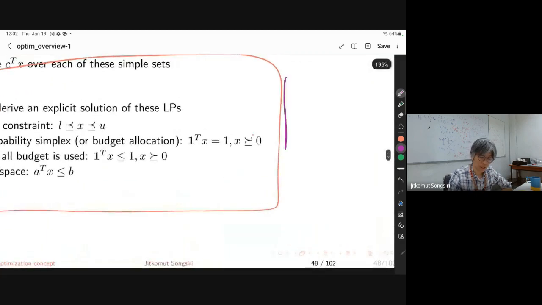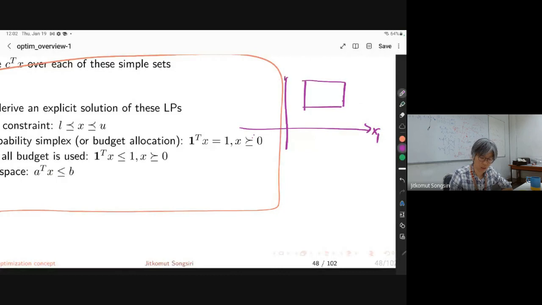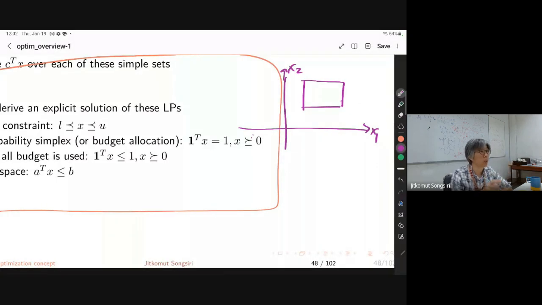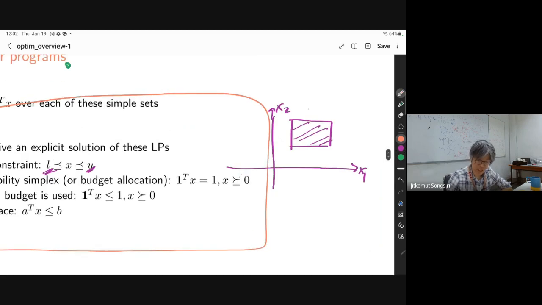One of the obvious constraints is called a box constraint. Again, I illustrate with R2. A box constraint means you have an upper bound and a lower bound on x. Okay, box constraint. If my C is this, where is my solution? Any point on the lower bottom, right?